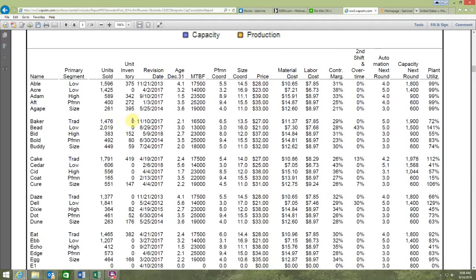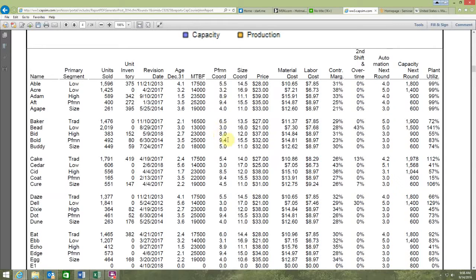Well, if I look at these, your product then actually didn't move this round. I'll give you an example here. Adam's revision date was September 17th, and its performance and size coordinates were performance 8.9, size 11.1.